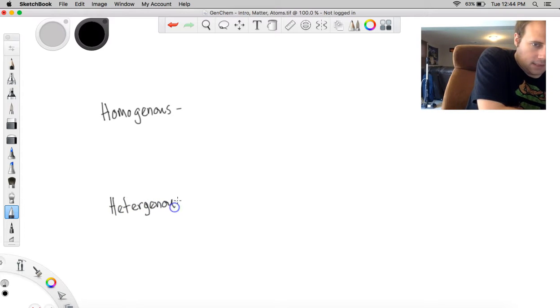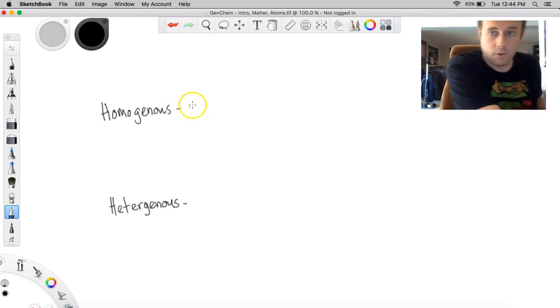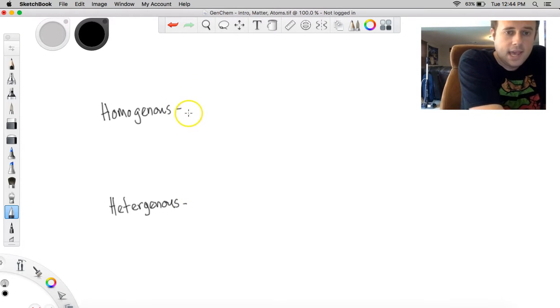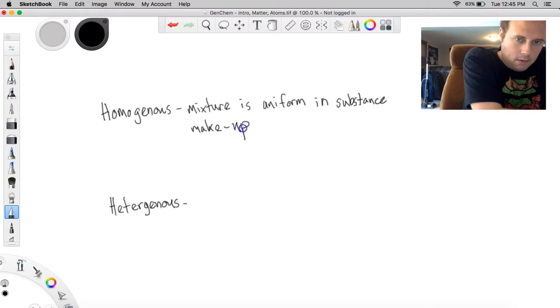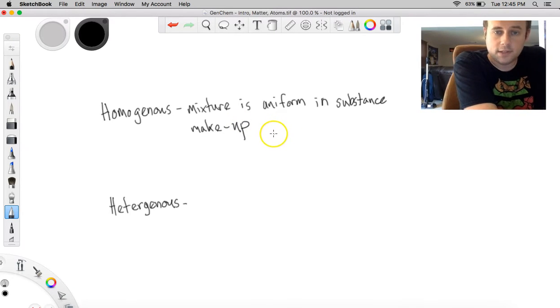The main difference, because they both are mixtures and both contain two or more substances, is that a homogeneous mixture is a mixture that is uniform in substance makeup. You could really leave it off at that point.